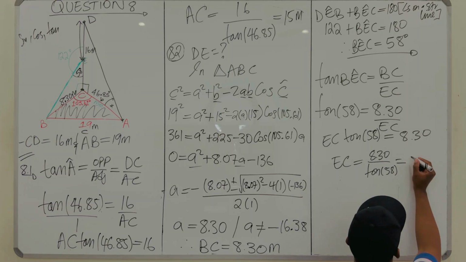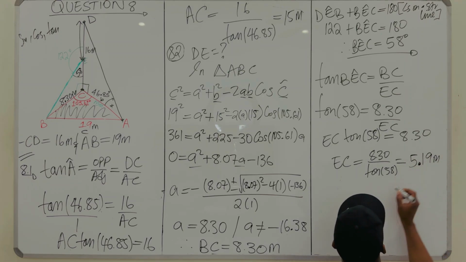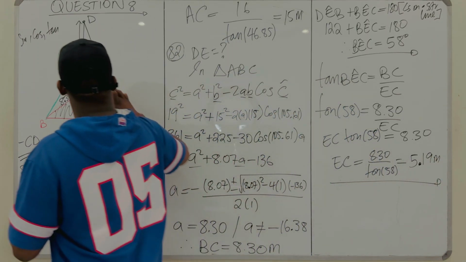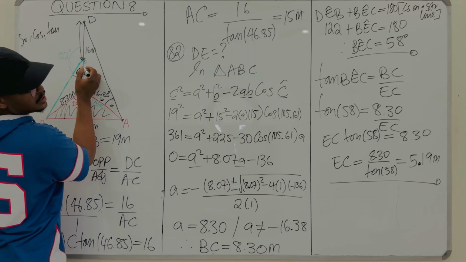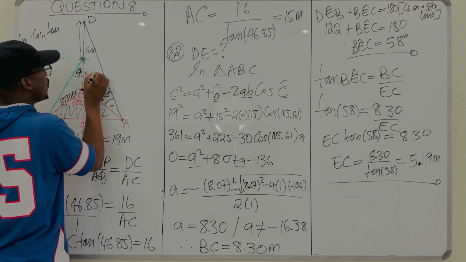You get that this is 5.19 meters, right? So we get that EC, this small length over here, is 5.19.